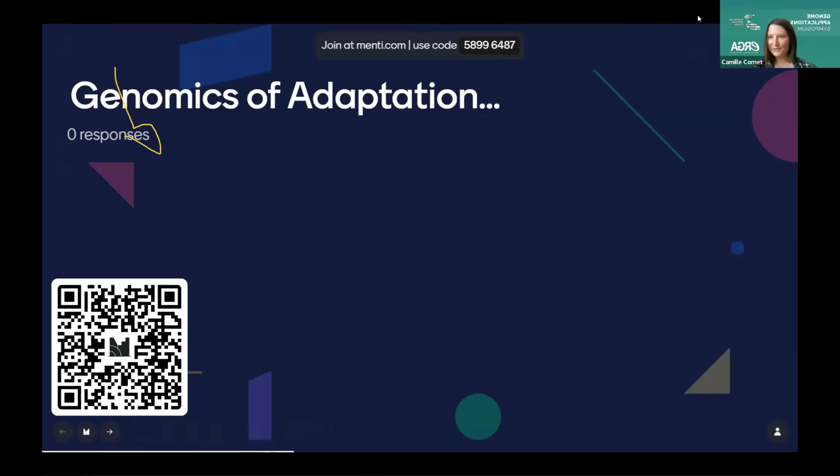Is everyone managing to join the Mentimeter? This first one is just a random one, the real question comes later, so that the QR code was not on top of the answers of the next question. Okay, let's go.